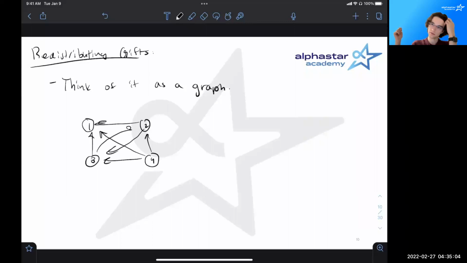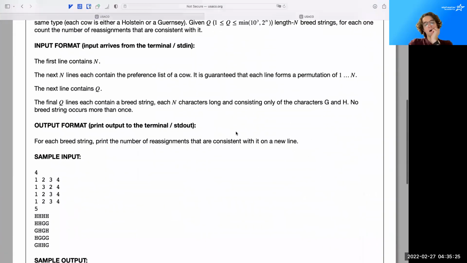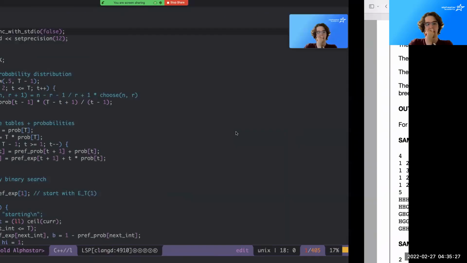There was a problem in silver, and I solved it with strongly connected components. So I'm thinking, you could break it up into strong components, and that helps you get information about whether they appear in a cycle, or at least whether each edge appears in a cycle. But here we need to answer queries.